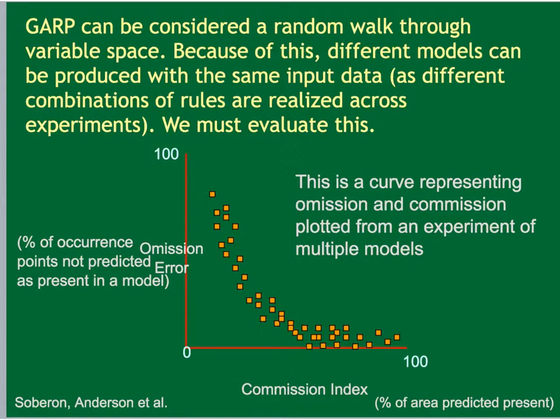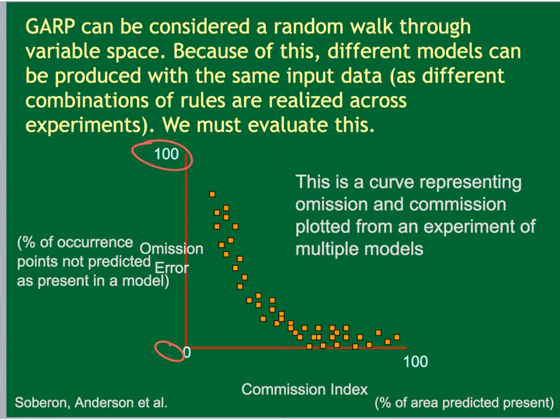So what we're looking at on screen here is the measure of omission on the y-axis. A model that doesn't leave out any of those actual points would be here on the low end, and here on the high end would be a model with very high omission, or a model that's not predicting real data. So we know that those models would be inappropriate.